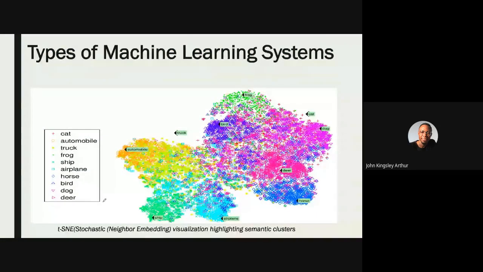We can also use t-SNE, which is t-distributed stochastic neighbor embedding, which is also an example of an unsupervised learning algorithm, to present a pictorial view of unsupervised learning. On its own, by the identification rule in here, the plus using the red symbol represents cats, moving from that to automobile, truck, frog, down to deer.